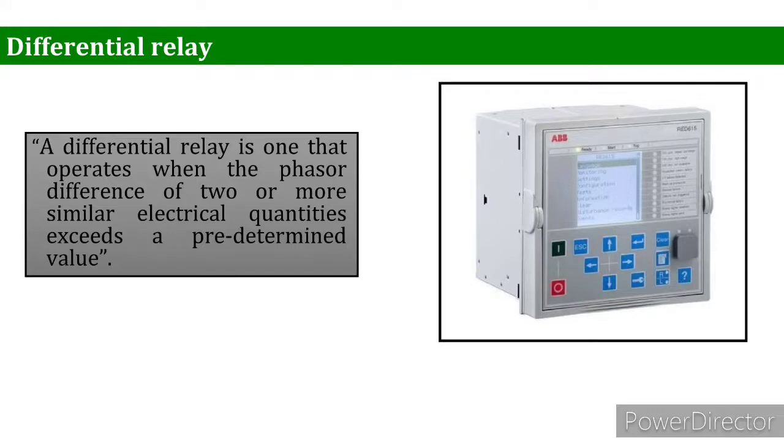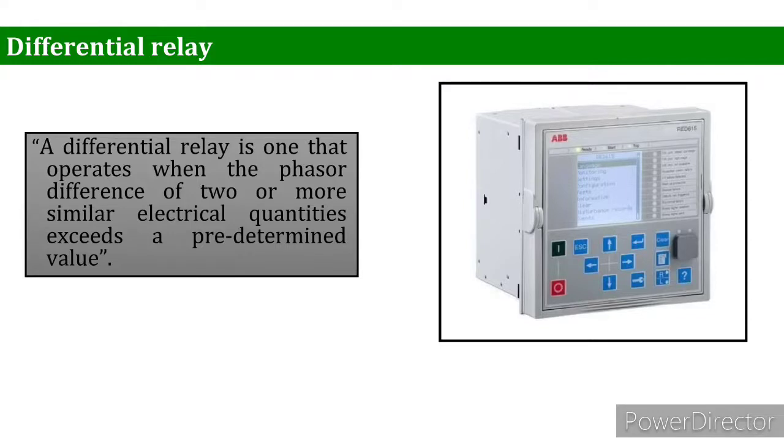First we have to understand what a differential relay is. Well, a differential relay is defined as the relay that operates when the phase difference of two or more identical electrical quantities exceeds a predetermined amount.